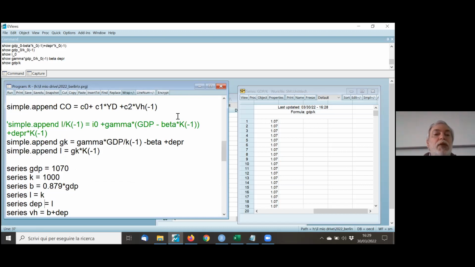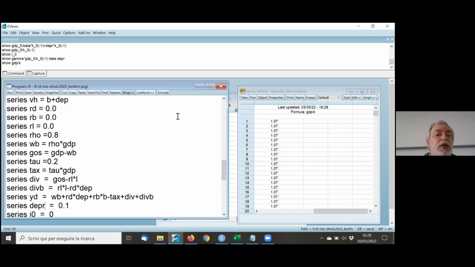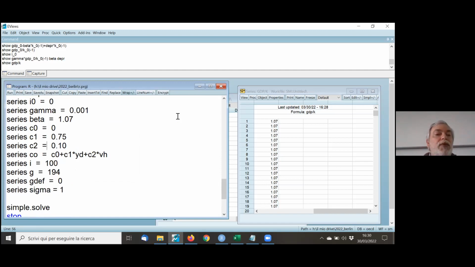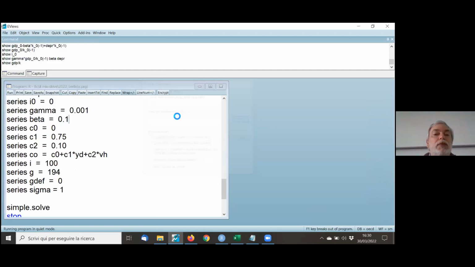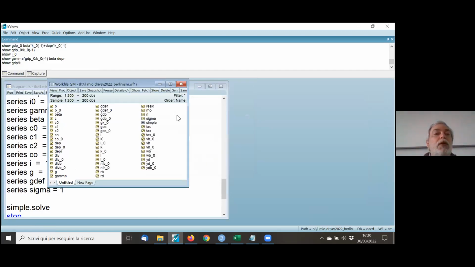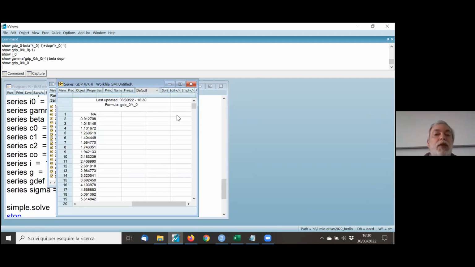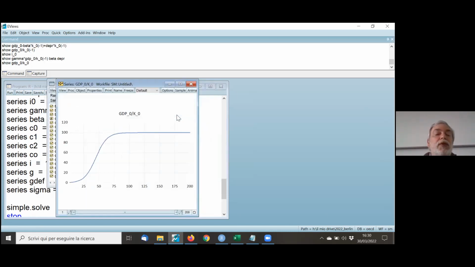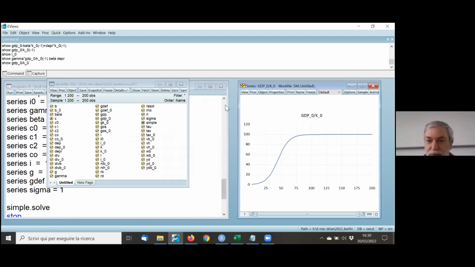So let's have beta at 10% as well, and let's see what happens. Well, it has solved at least. But this is growing, so this is going to 100.